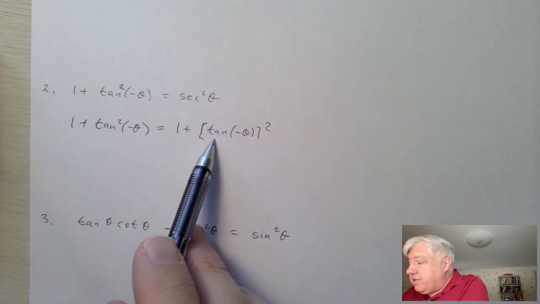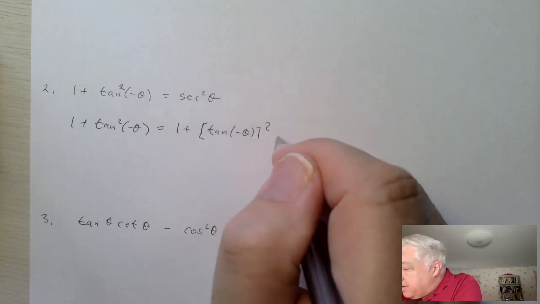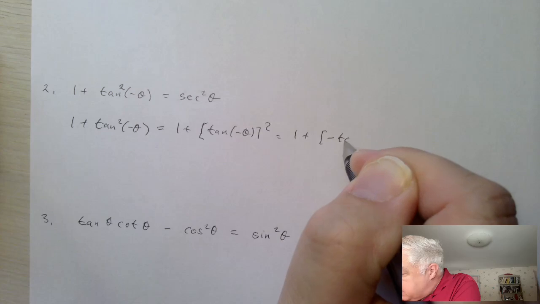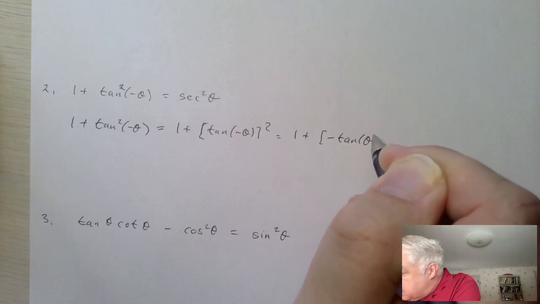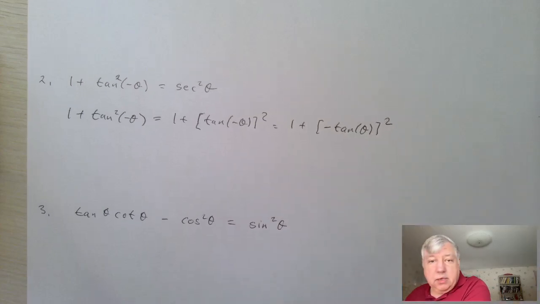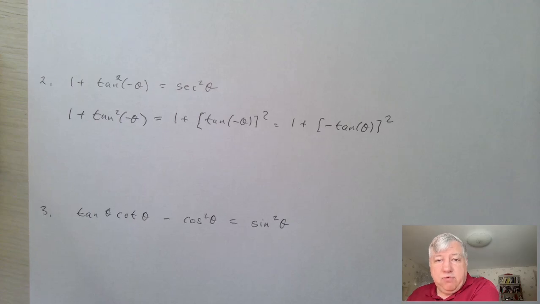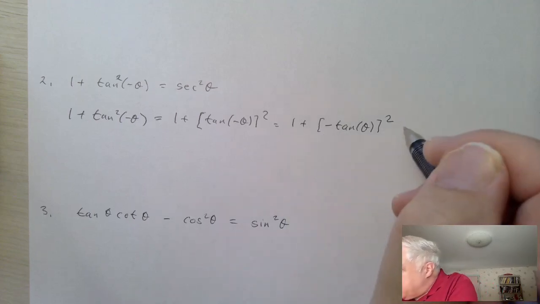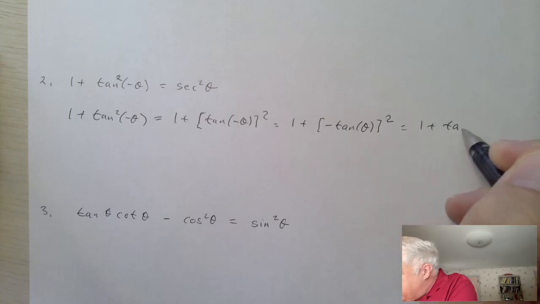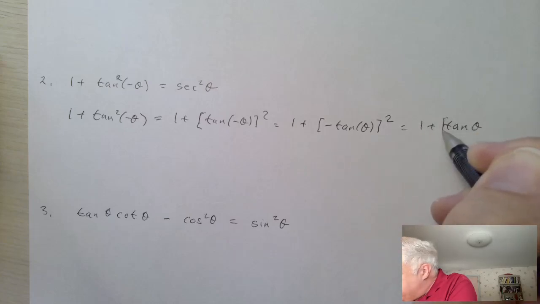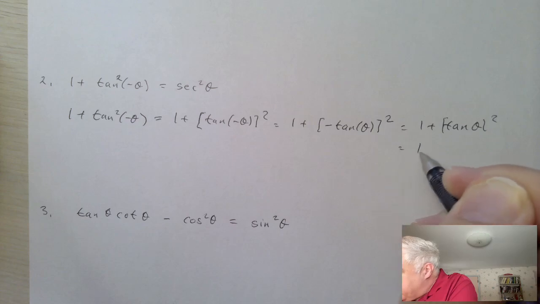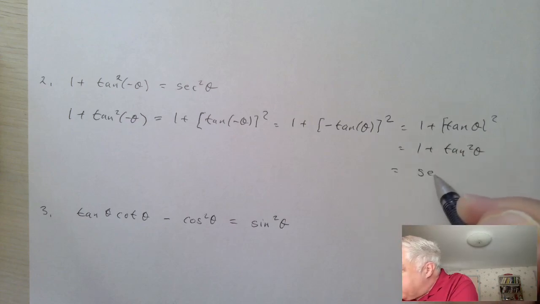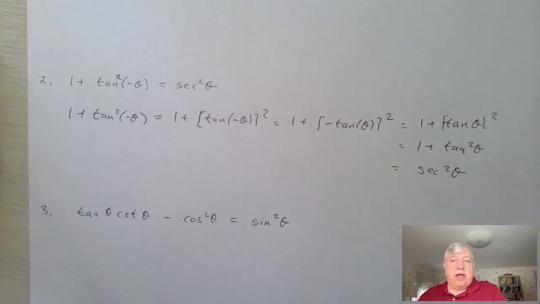And we know that this is going to be minus tangent of theta, from what we had before. And when we square, the minus sign goes away, so this is just 1 plus tangent of theta squared, which is 1 plus tangent squared of theta, which is secant squared of theta, which is exactly what we wanted to do.